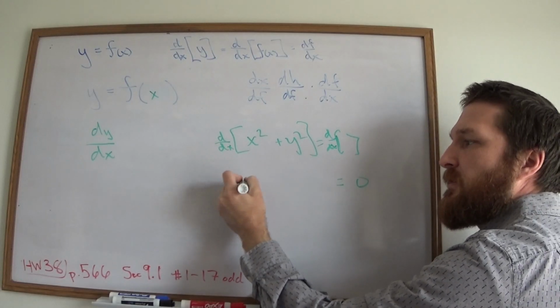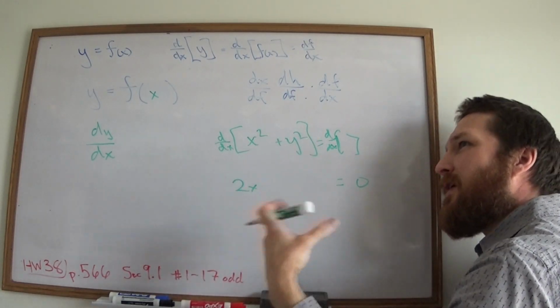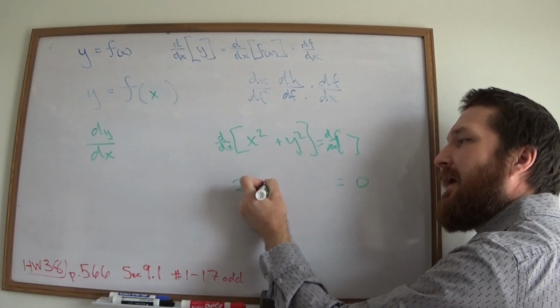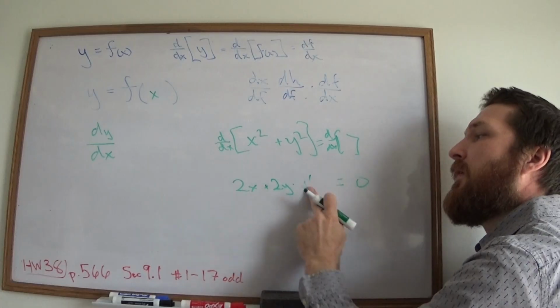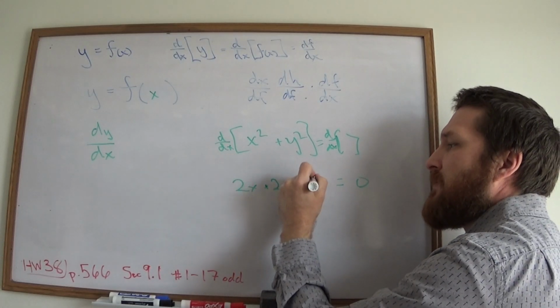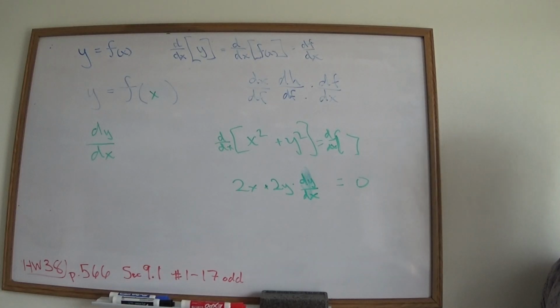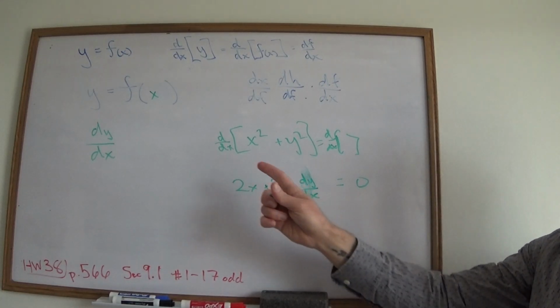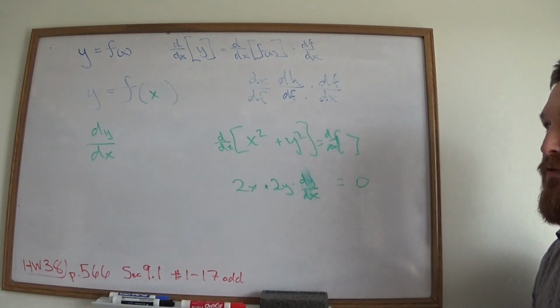Then that's just 2x, no problem there. But now we treat y as a function of x, and so the 2y comes down, but then we multiply by the derivative. Or we could do it in Leibniz notation, dy dx, like that, right? So we've dealt with that before. Here, this function itself might be a function of y.